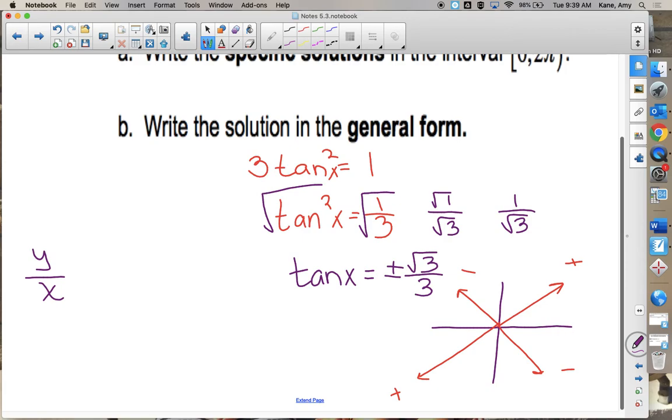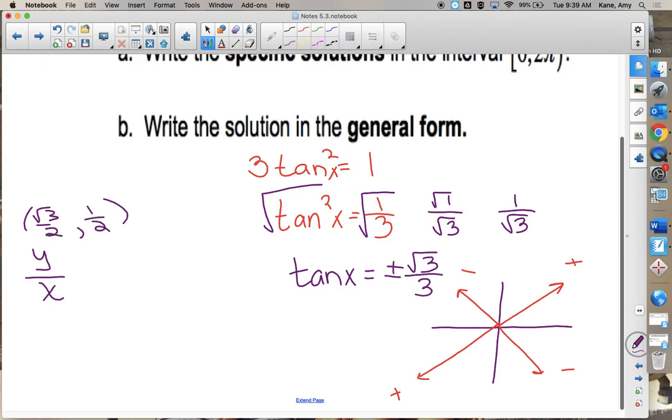over 3. Hannah. I figured out 2 of them. Okay. Square root of 3 over 2 and 1/2.